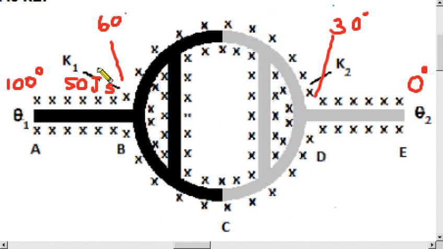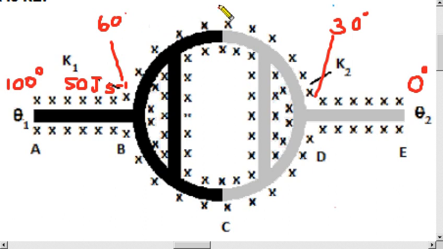That is a rule. 50 joule per second. Then, as previous, these temperatures should remain constant because the steady state is reached there.